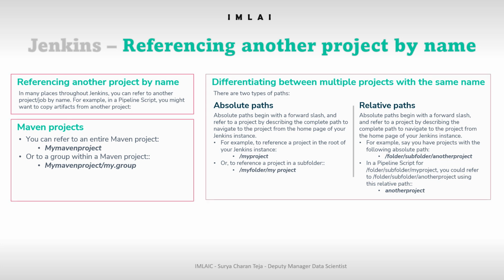You can refer to an entire Maven project as my-maven-project, or to a group within a Maven project as my-maven-project/my.group, and to a particular module in that group in that Maven project as my-maven-project/my.group, and then for that module to be referenced you put a dollar symbol and mention the module name.